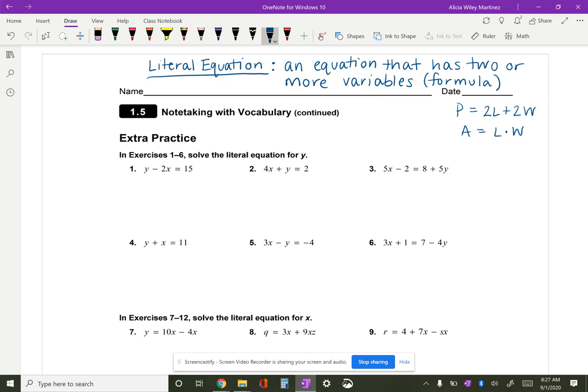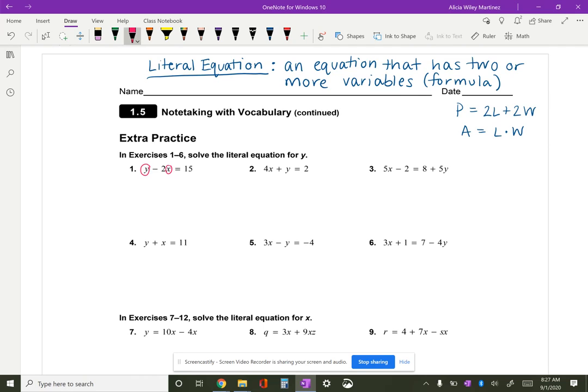Another type of literal equation that you will see in math is going to be a linear literal equation. And those are what you'll see down here in examples 1 through 6. In examples 1 through 6, you're going to see equations that not only have an x, but they also have a y.